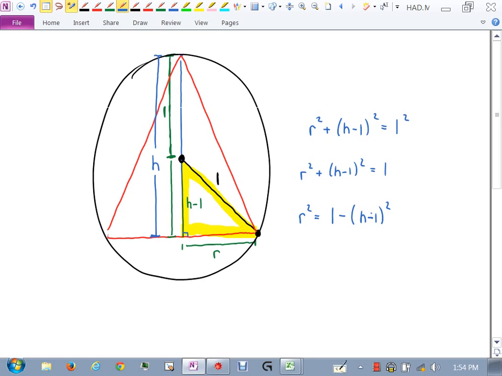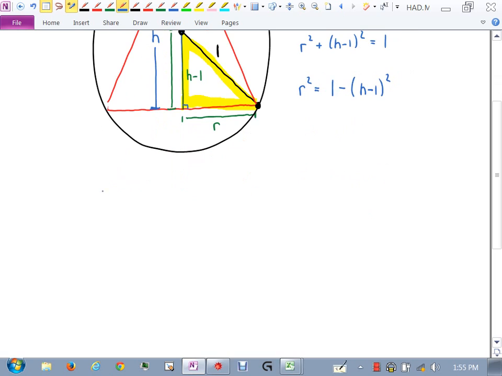So now let's go back to our volume function. Our volume was 1/3 pi R squared H, which I've now reduced to 1/3 pi times R squared, which for me now is 1 minus (H minus 1) squared. I am going to multiply that out, sorry.